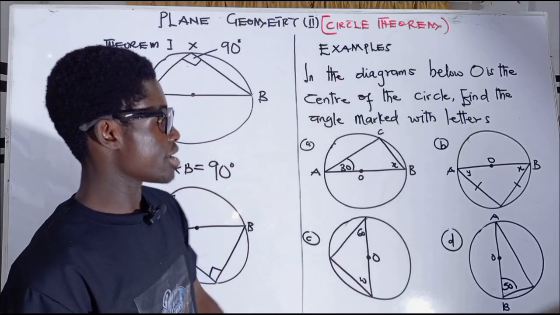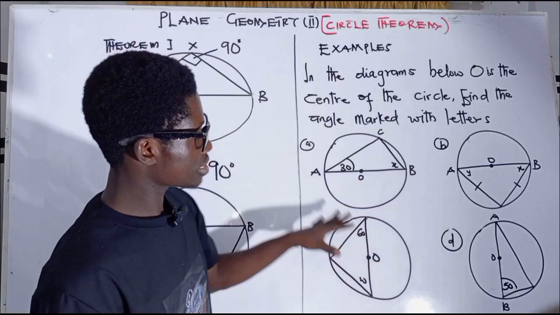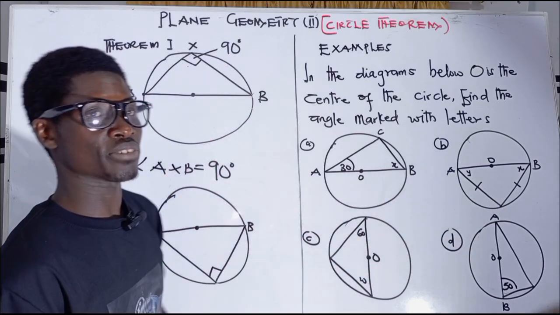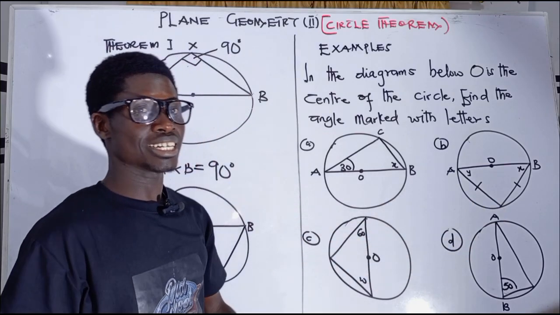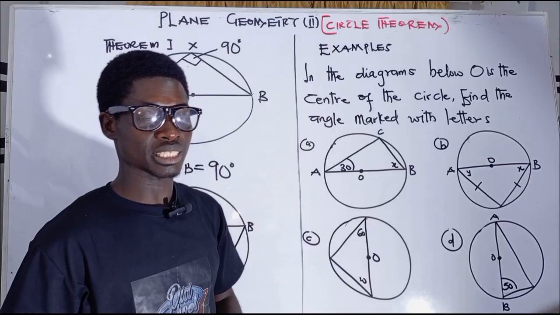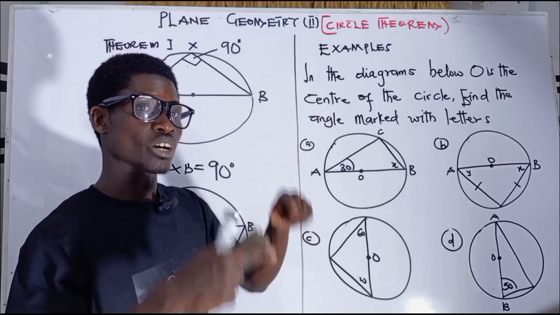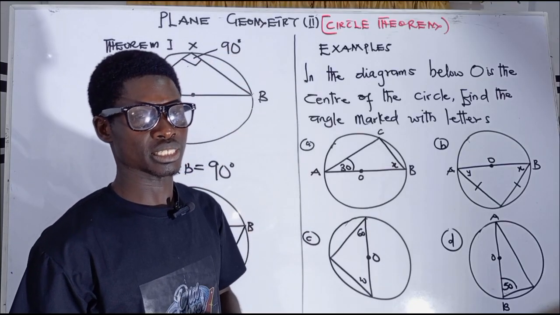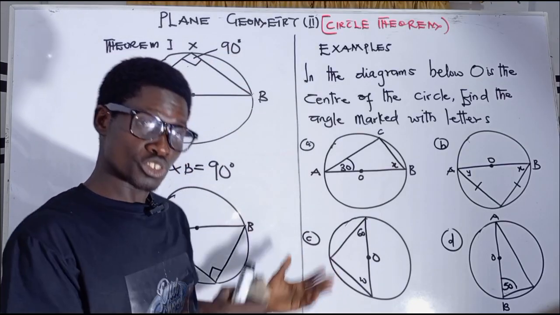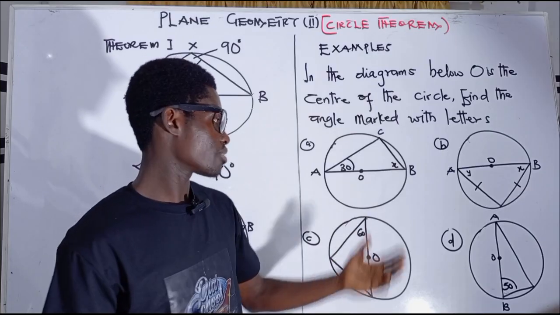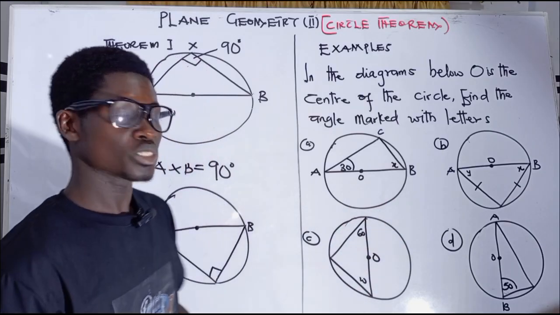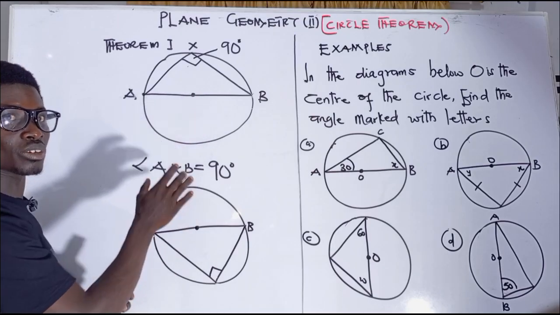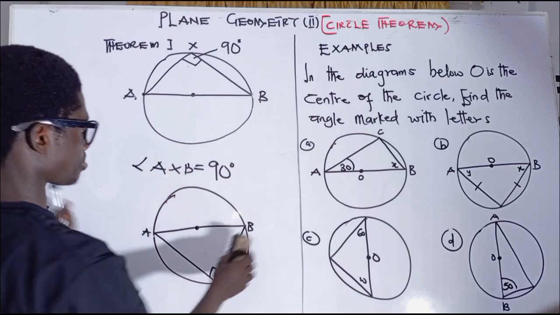Remember that all these examples fall under the first theorem, which says that the angle in a semicircle gives us 90 degrees, or the angle a chord subtends at the end of the diameter is equal to 90 degrees. We are going to apply this theorem in solving these 4 questions on the board. So let's take them one after the other. As I said, take a critical look at the diagram very carefully.